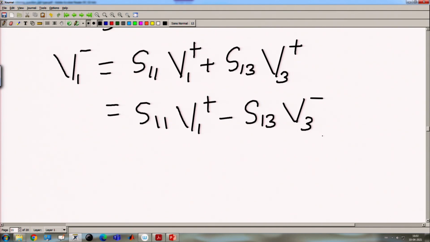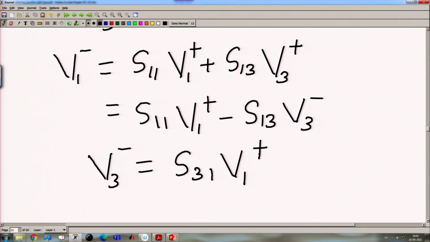And we know V3 minus equals S31 into V1 plus, since S31 equals V3 minus divided by V1 plus.